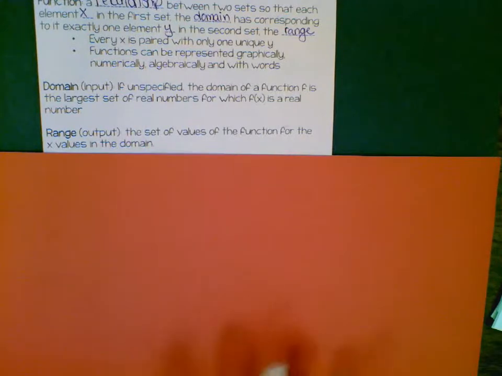And some numbers, if we plug them into our equations, we'd get undefined if we end up with a 0 in the denominator. So that has to do with our domain too. Think of domain as what x numbers we are allowed to have for that specific equation. And the range is the output, so the numbers that we would get out by using those x values. So what is our range of y numbers that we're going to have?